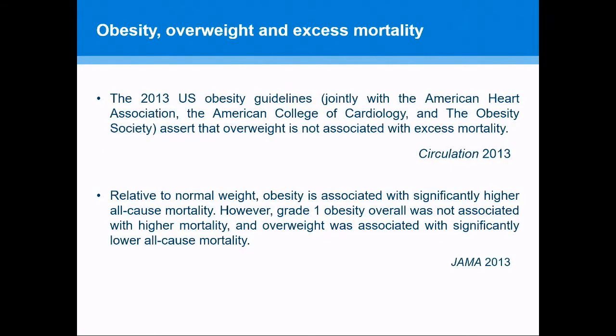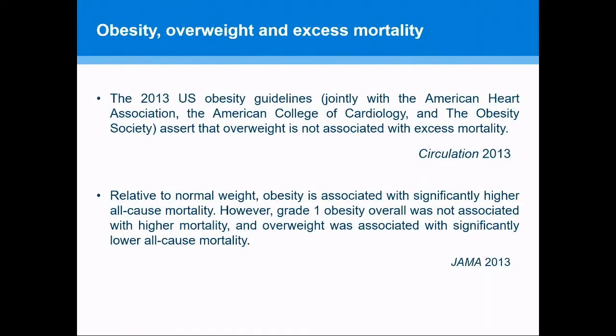One of the key questions around a few years ago, especially in 2013, was whether there is any link between overweight and obesity and excess mortality. Two sources were published in 2013: the US guidelines, issued jointly by the American Heart Association, the American College of Cardiology, and the Obesity Society, suggested that overweight is not associated with excess mortality.